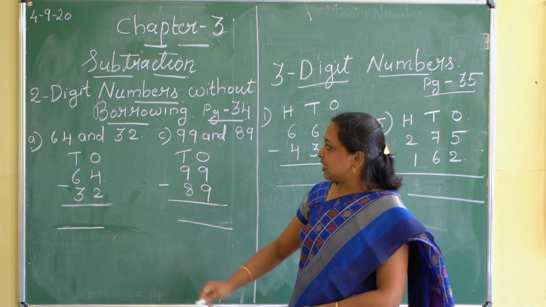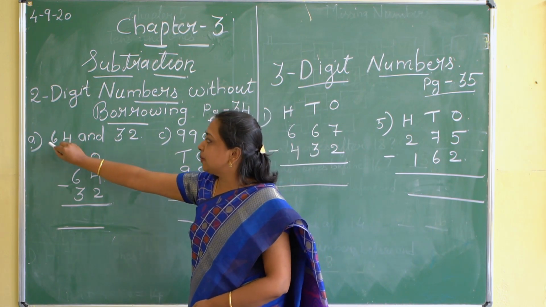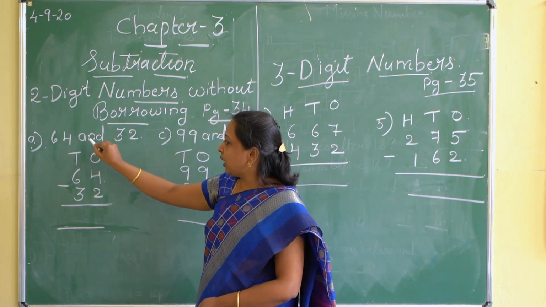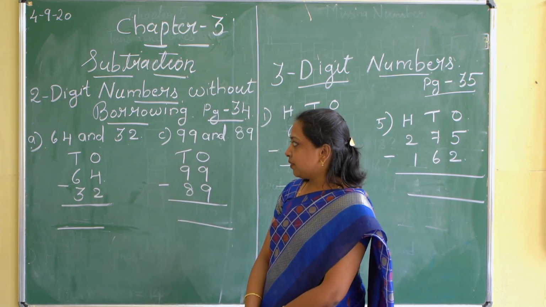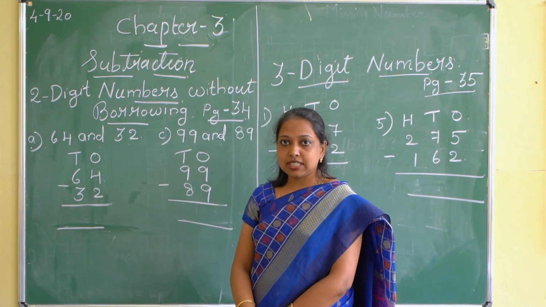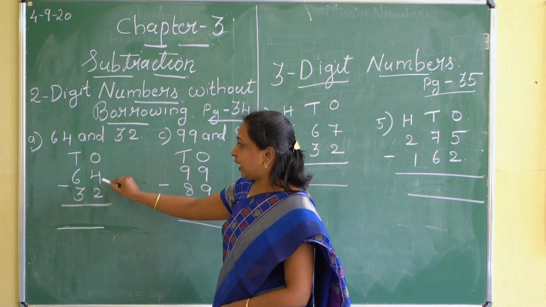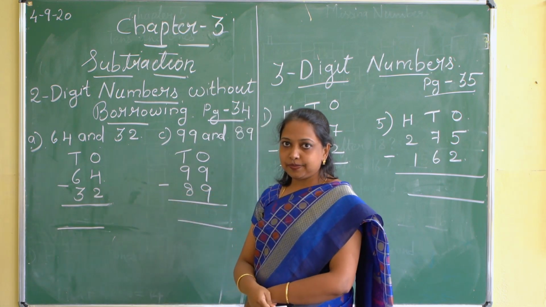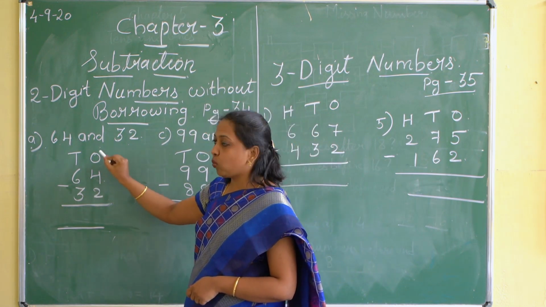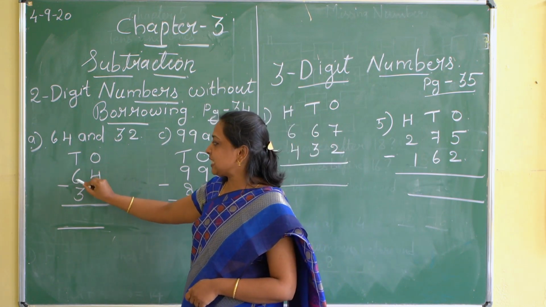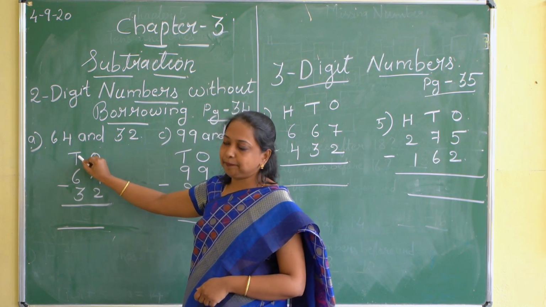Now, question number A, 64 and 32. Subtract 64 and 32. First of all, arrange 64 and 32 according to the place value. In 64, 4 is in 1's place and 6 is in 10's place.